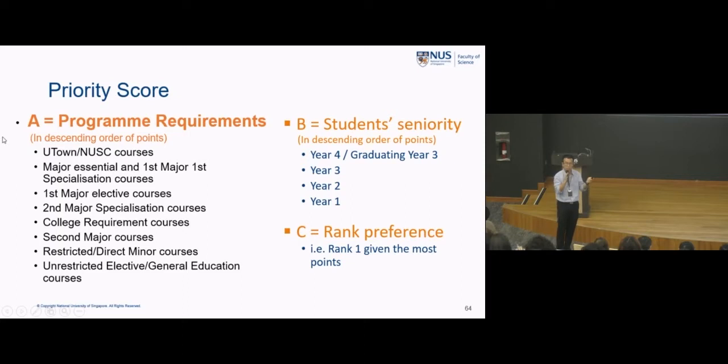That's possible, but everybody must have at least a primary major. So therefore, students who are reading a course as a primary major requirement have to be given priority. So this is the ranking of program requirements from top to bottom. Seniority, of course, from year 4 to year 1, and ranking, of course, from choosing a course as rank 1 compared to choosing a course at rank 6. Okay?